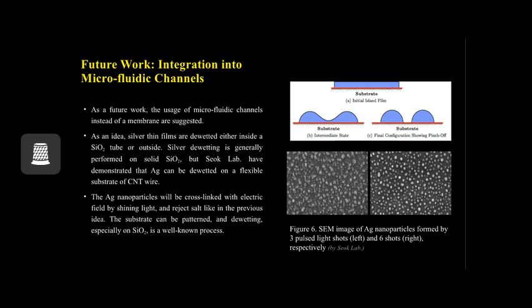Just like with the previous approach, the resulting silver nanoparticles will be cross-linked with electric fields by shining lights. Throughout the desalination process, the cross-linked silver nanoparticles will attract the ions present in the feed water, producing desalted water. The benefit of using this approach is that the substrate can be patterned, and dewetting on silicon dioxide is a very well-known process.